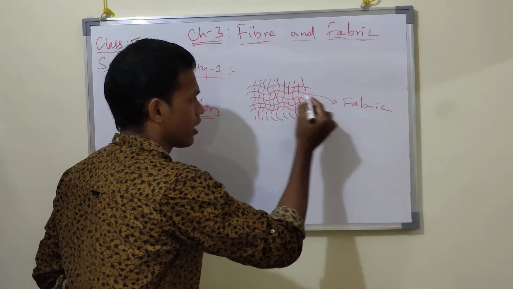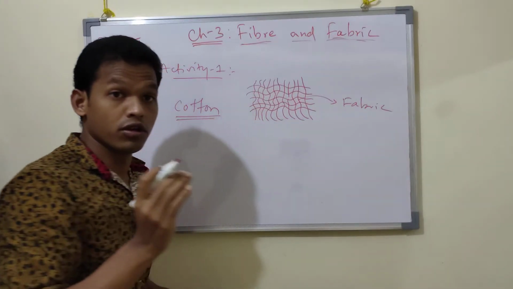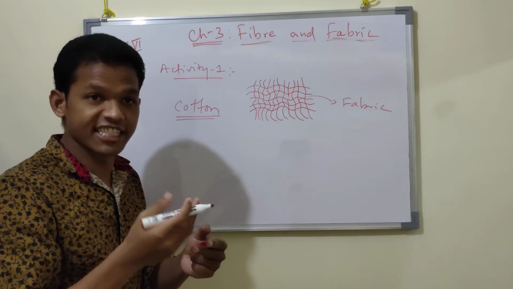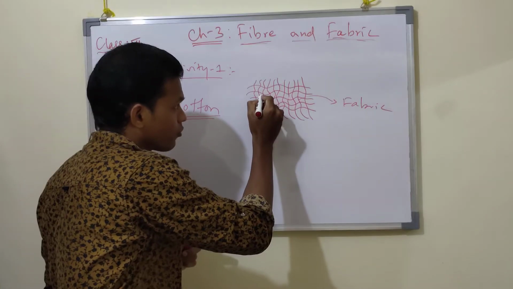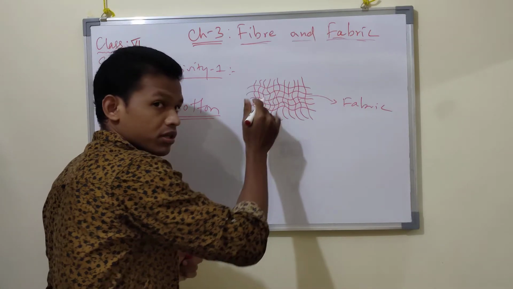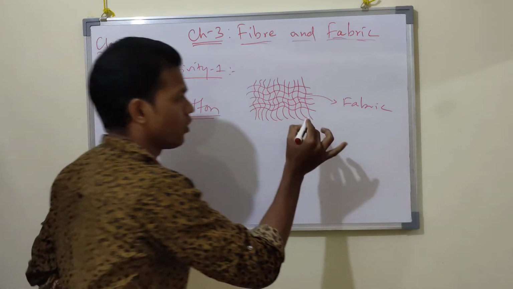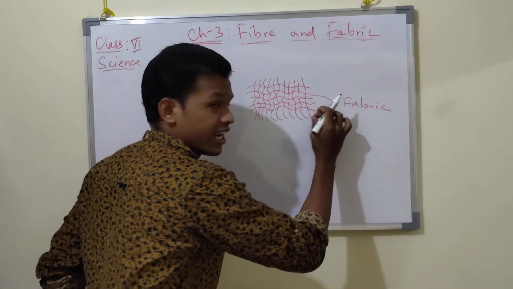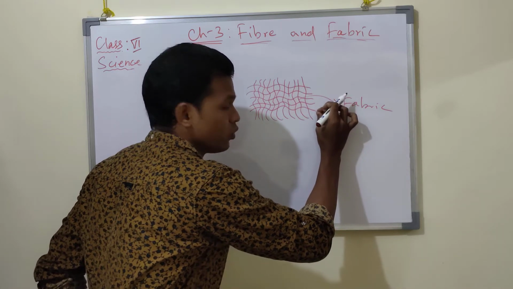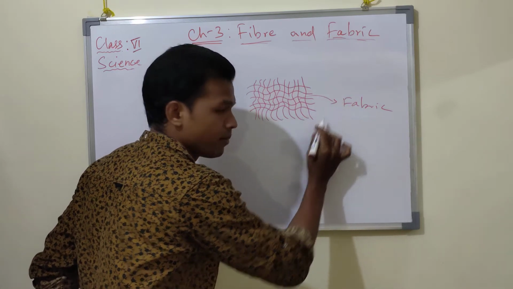If you closely observe with the help of a magnifying glass, you will find some holes will be present, some openings will be present. So the yarn, if you remove it from one end and loosen it, what happens? This will come out.